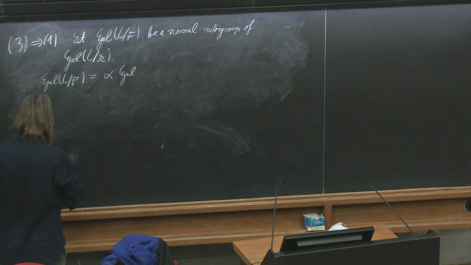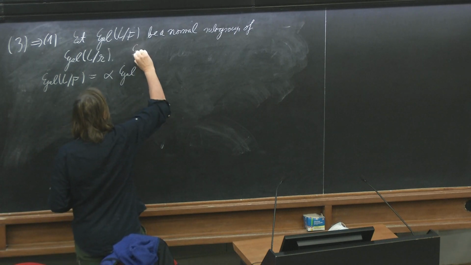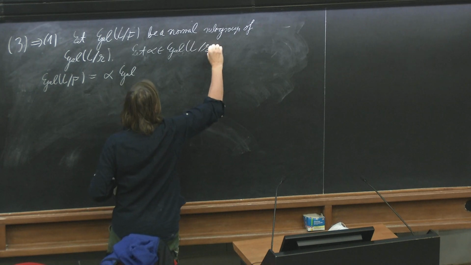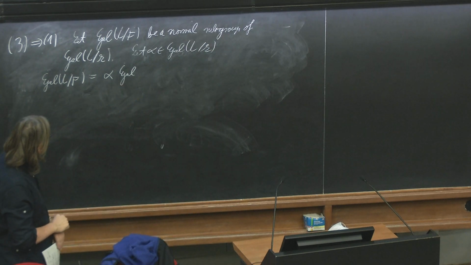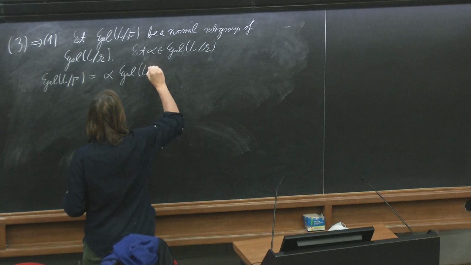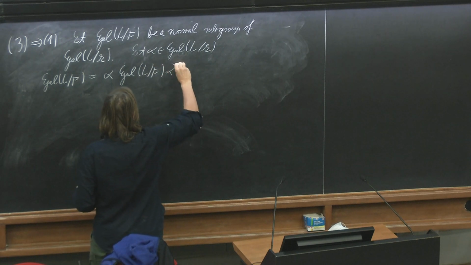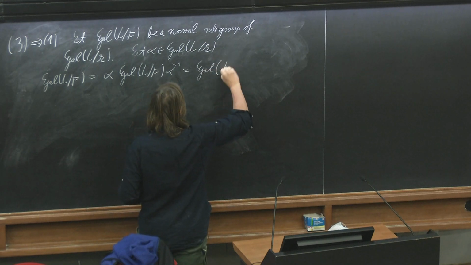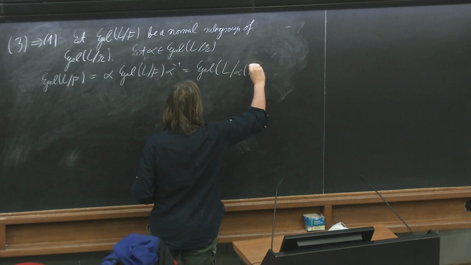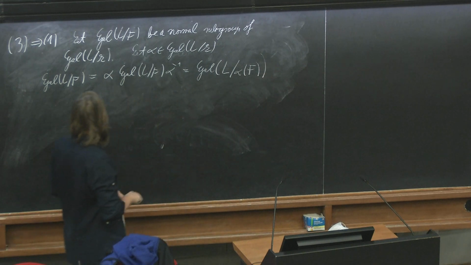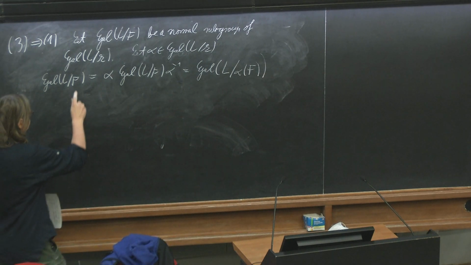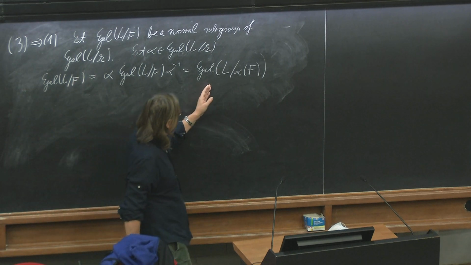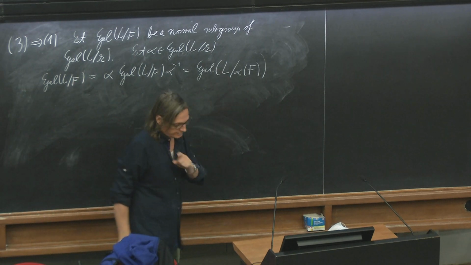So if I take any alpha in the Galois group of L over K, if I conjugate with it, then we know this is the Galois group of L over alpha of F. So the Galois group of L over F is equal to the Galois group of L over alpha of F.